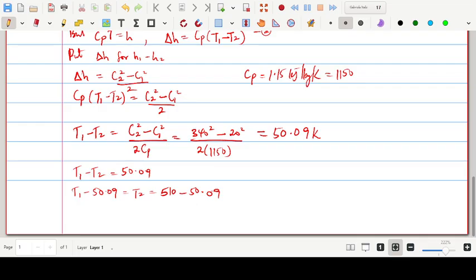So we have 459.91 Kelvin. So approximately our T2 is equal to, let's say, 460 Kelvin. That is our T2. Okay, move to the next page.